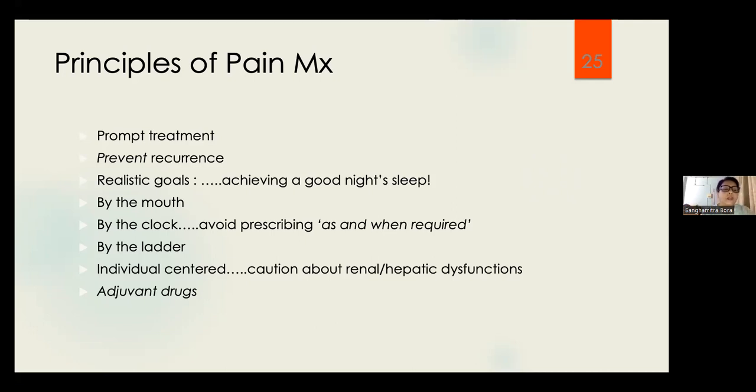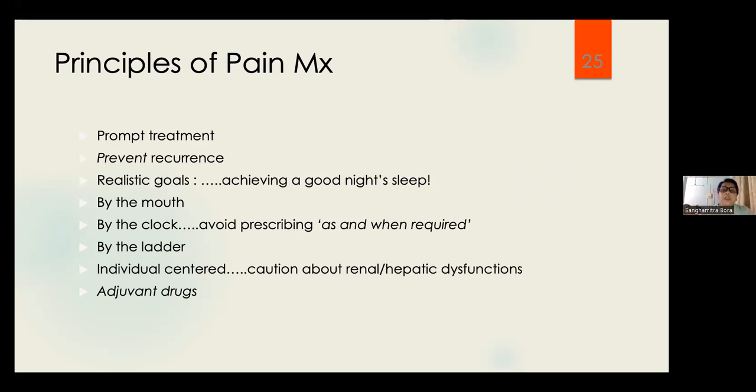achieve. The medications would be definitely by the mouth, by the clock, and by the ladder. And when we say ladder, it is the WHO ladder, which we are going to discuss in our next slides. And when we say it is by the clock, I mean that we have to avoid the as and when required dosages, because it is not an acute pain, it is a chronic pain, which is a disease.